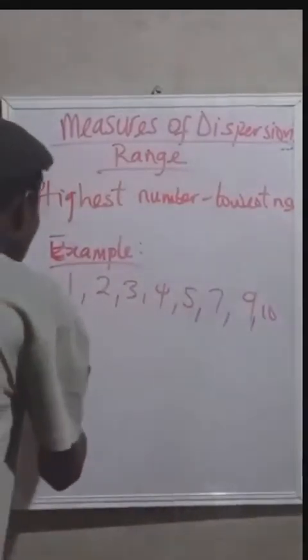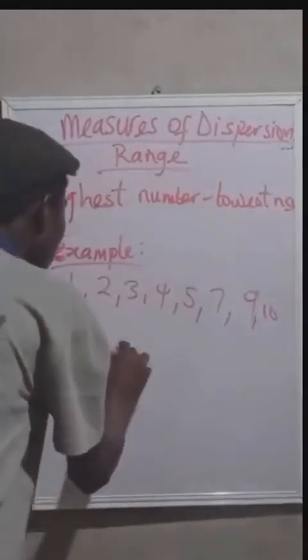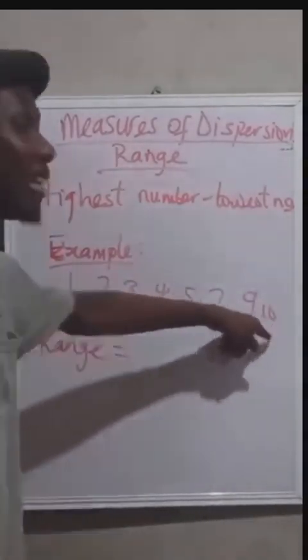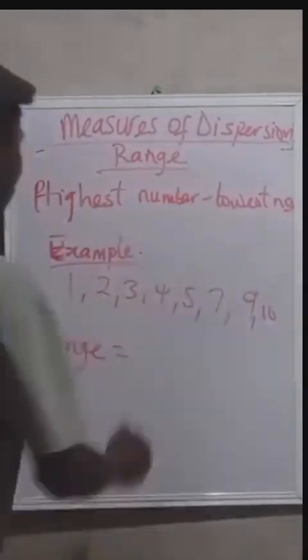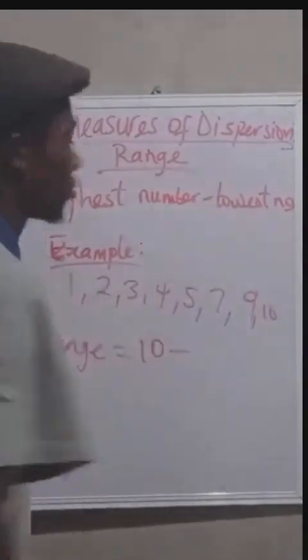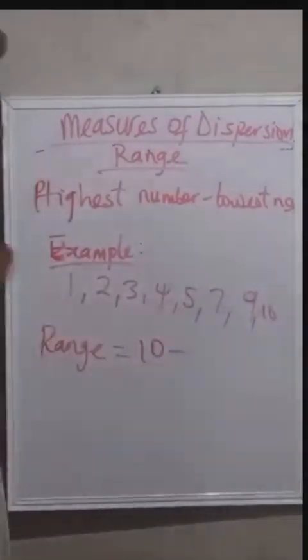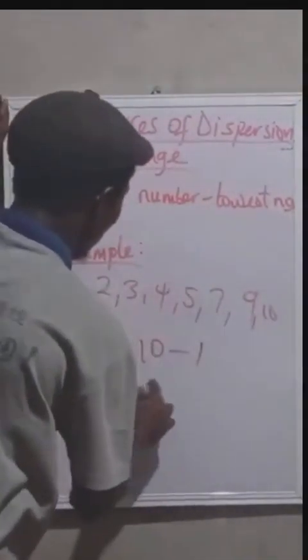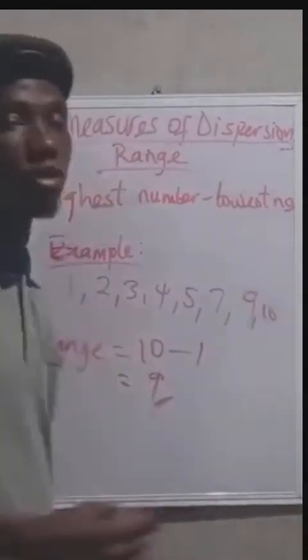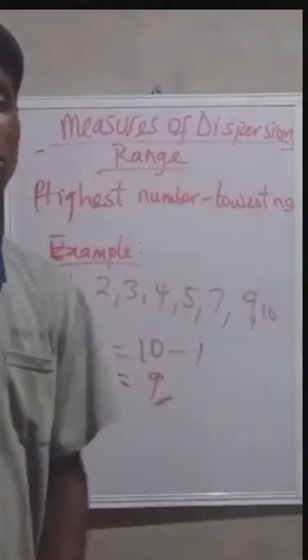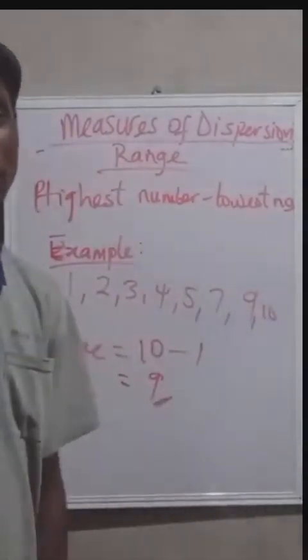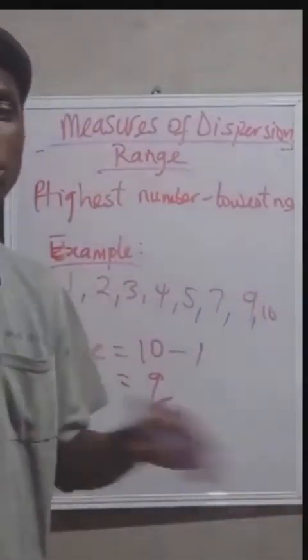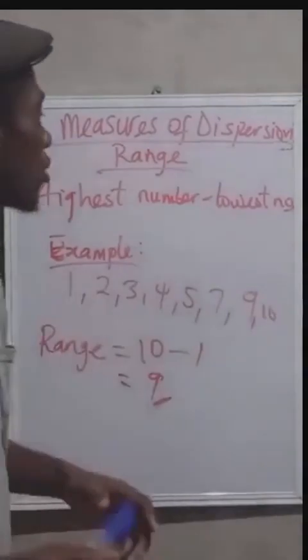It is equal to the highest number, which is 10, minus the lowest number, which is 1. So your range is equal to 9. That's all about range. It's not hard, very simple.